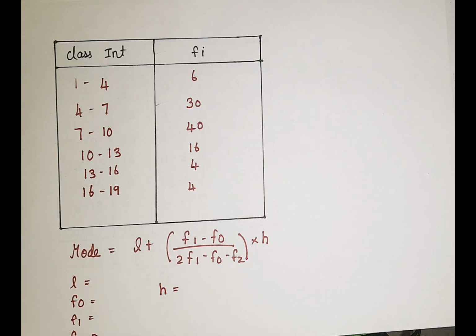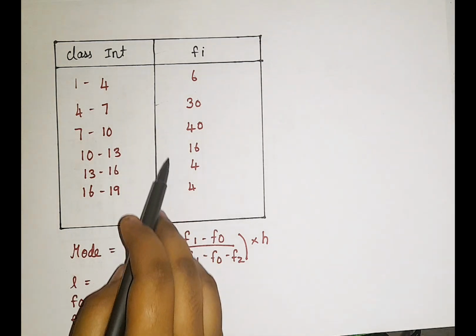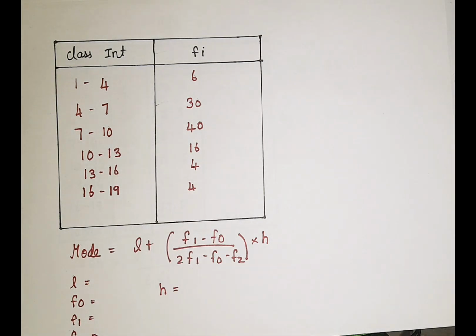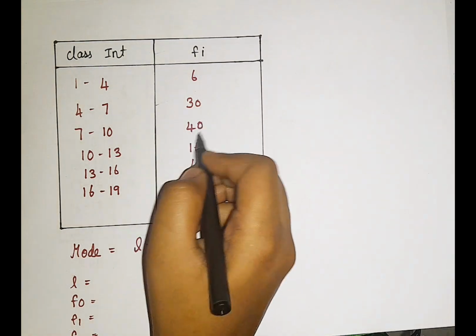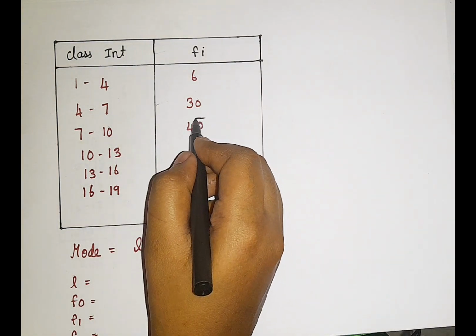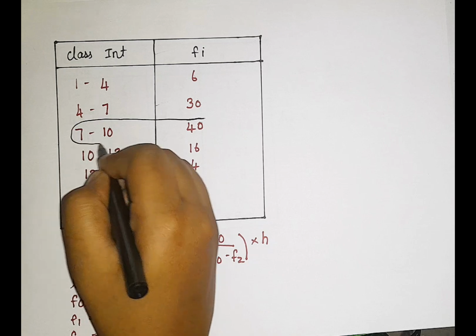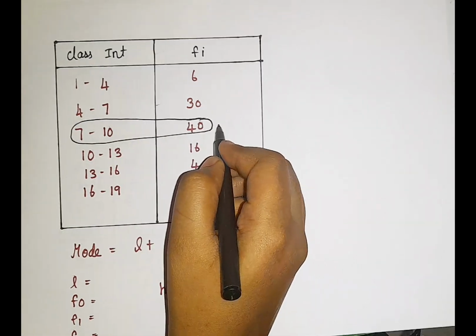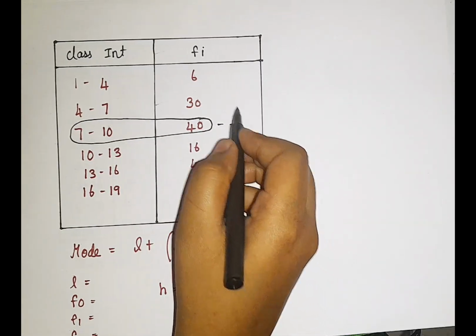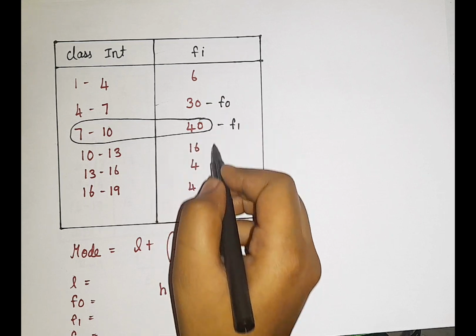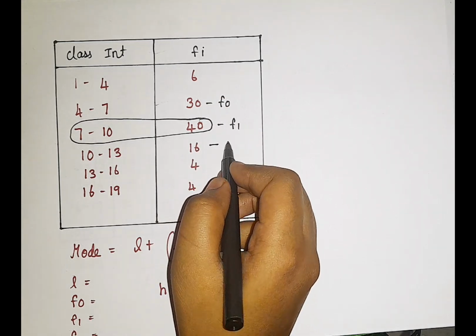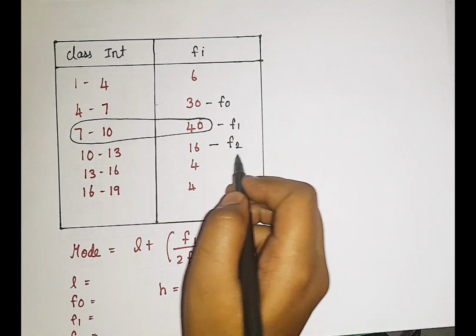It's literally easy to find. First let us find the f1 value. In this frequency, what is the greatest number? The greatest number is 40, isn't it? So we will take this 40 as f1, the previous number as f0, and the number below as f2.